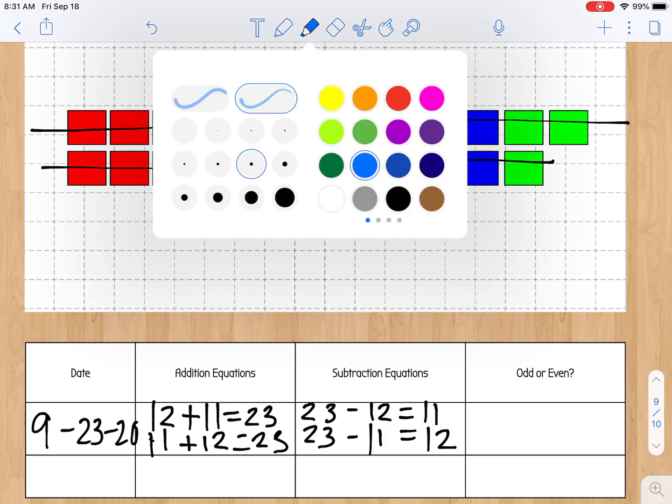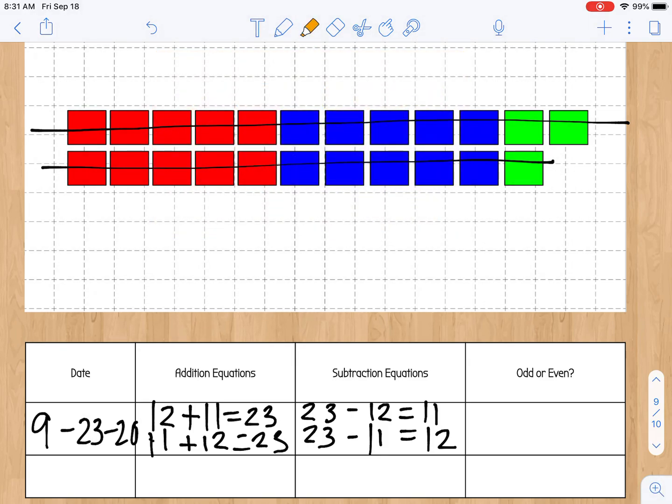What do you think about whether this picture is odd or even, about this number of tiles? Yeah, you might be thinking odd because there's one extra tile here that doesn't have a buddy. All of these tiles have buddies, but this one does not. So we would say that this is an odd number.